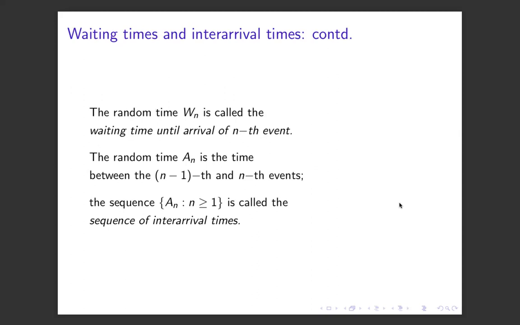That sequence is called a sequence of inter-arrival times, meaning the waiting time or the time between two successive arrivals. Our objective is to see if we can say something about the distributions of these.